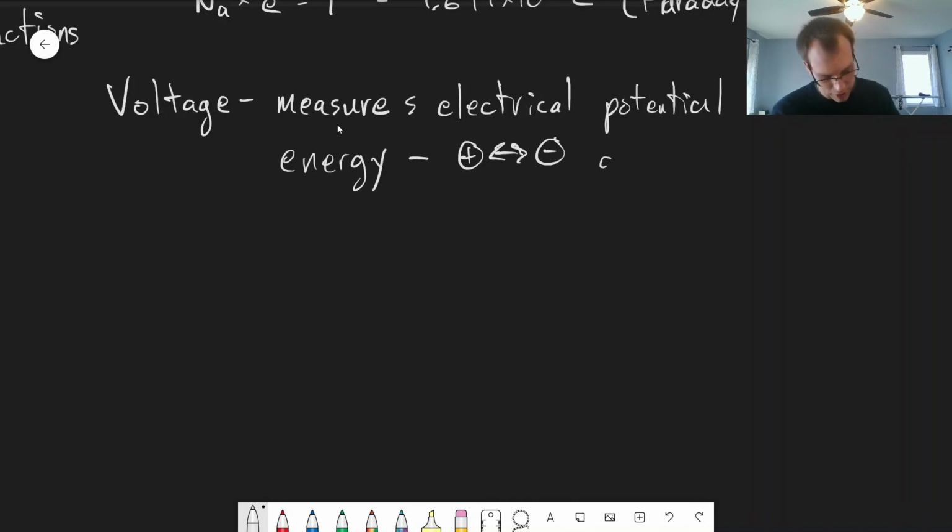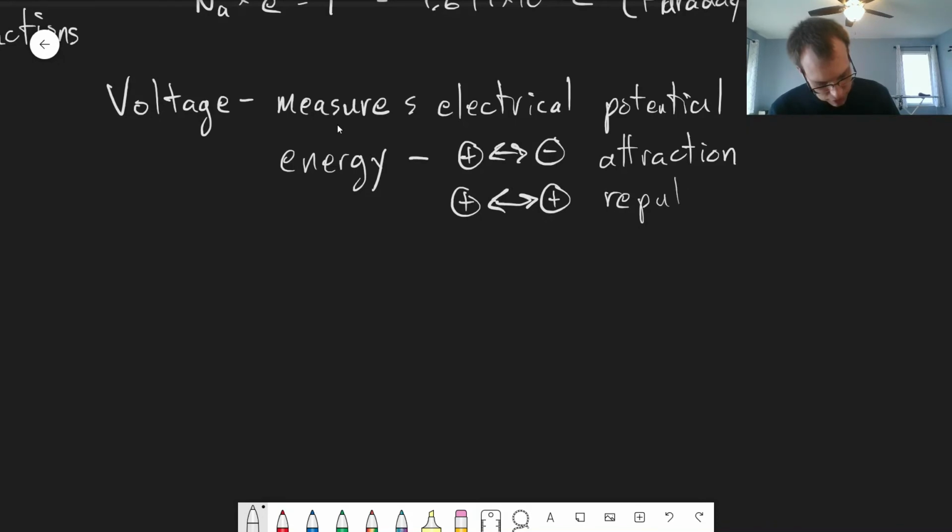So we have attraction, and that creates a potential energy between the positive and negative parts of our electrical circuit. Or we have repulsion that pushes things apart. These are the fundamental forces involved in why there's potential energy in electrical circuits.